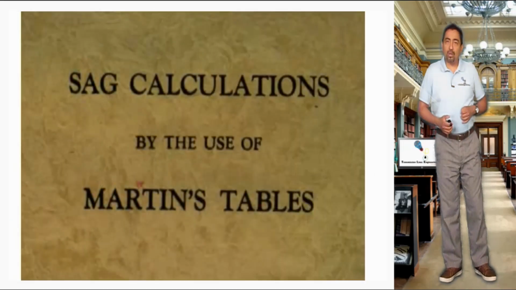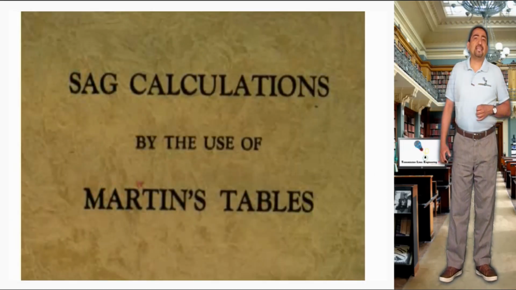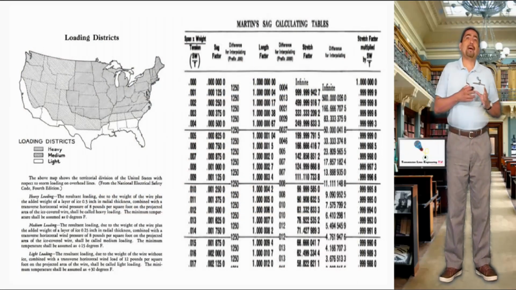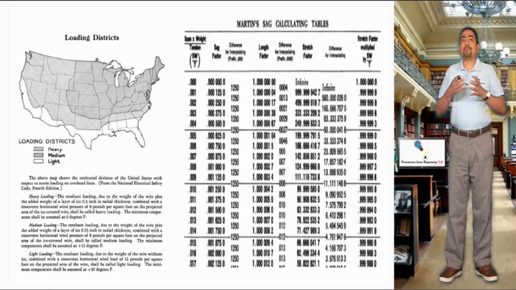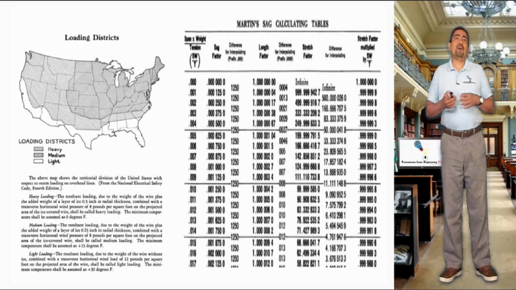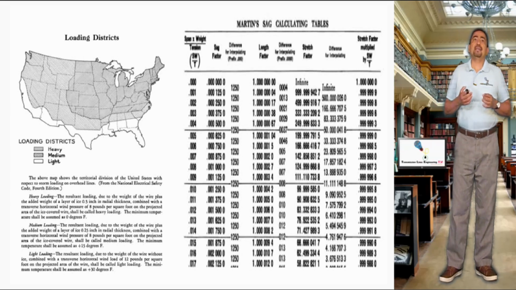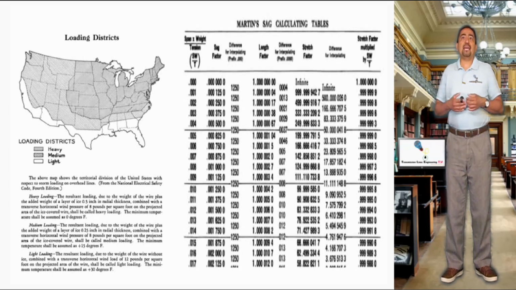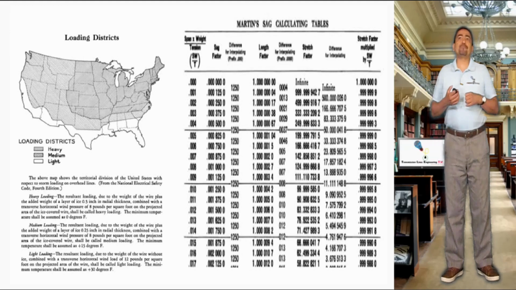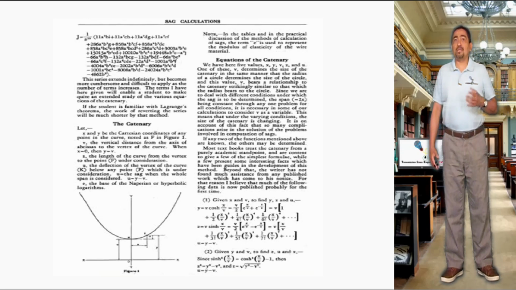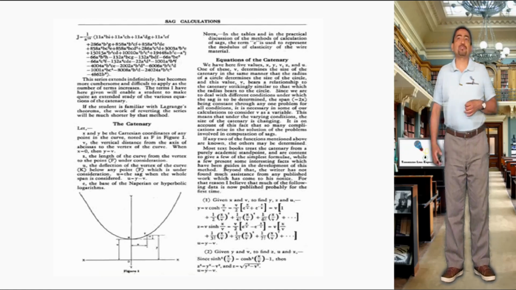In 1931, James S. Martin developed for the first time loading maps and assembled reference tables to define the calculation constants for each span length, cable weight and mechanical tension for the application of his change of state equation model, which had very acceptable results, very good approximations.